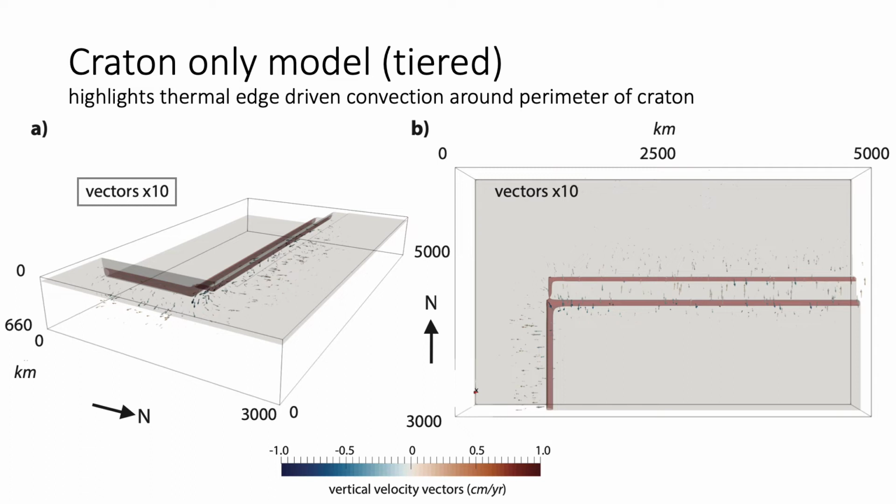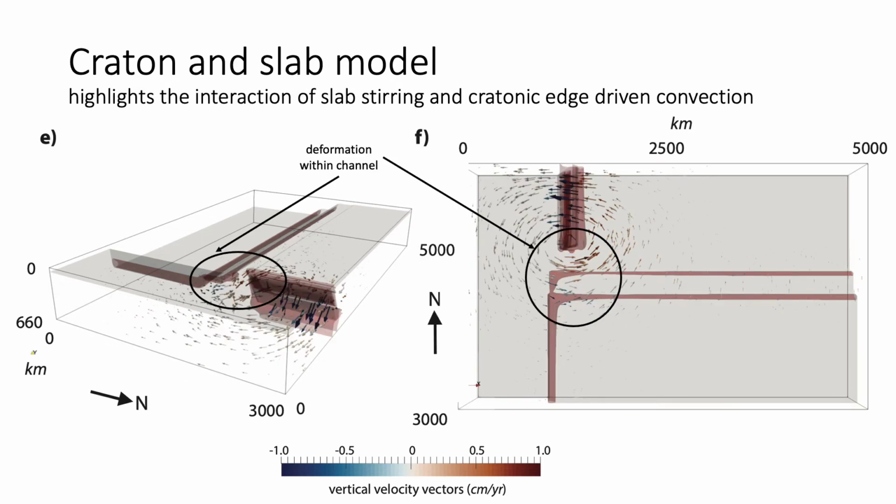You can see that we have the same scale for the colors, where blue is negative vertical velocity and red is positive vertical velocity. So in the next model, we put the two together. It really highlights the interaction of slab stirring and the cratonic edge-driven convection.